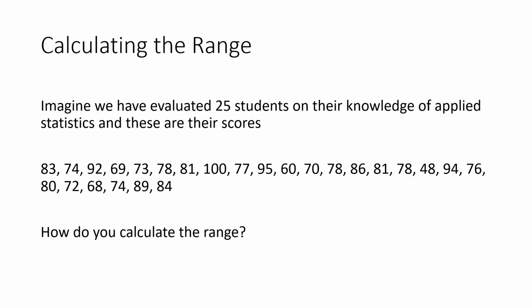So let's take a simple example of how to calculate the range in a distribution of scores. You'll recall from the previous lecture that we used a series of examples around 25 students who've taken an applied statistics course, and we've looked at the grades that they received at the end of the semester.